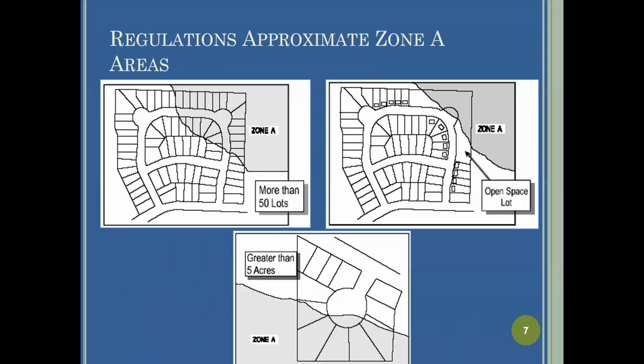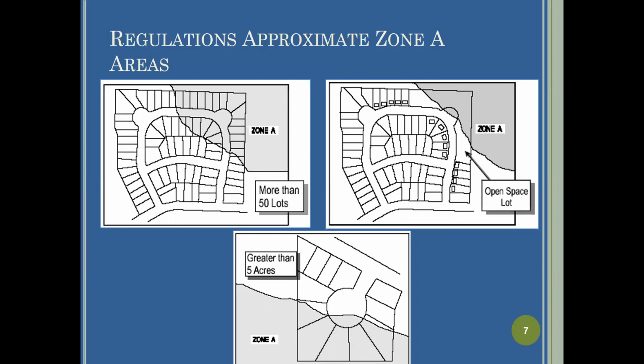So, examples of where that might occur. Here's a subdivision up in the top left. They've proposed more than 50 lots, so yes, they need to determine a base flood elevation on that reach of zone A that affects that property.